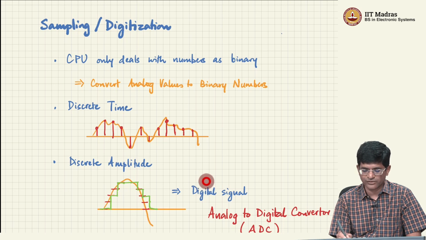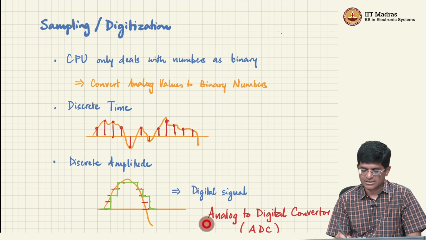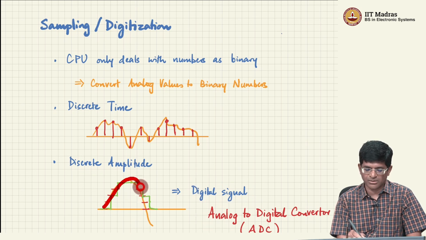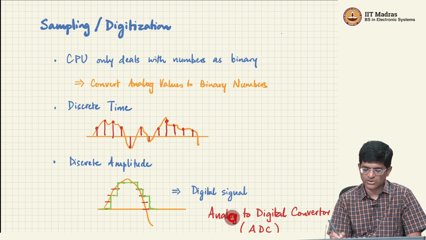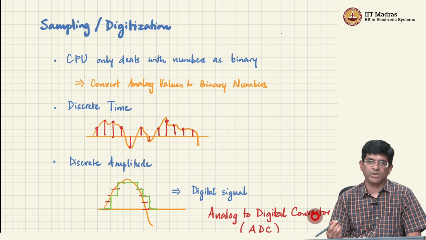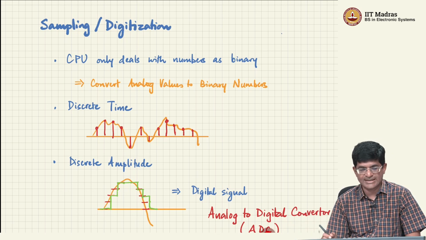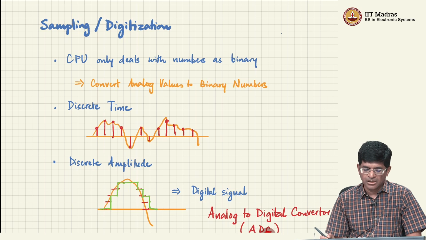Once I have done both of those, I end up with what's called a digital signal, right? And this process of converting from this orange curve to this green curve is what is called analog to digital conversion, and it is performed by circuits that are called analog to digital converters, or ADCs, right?